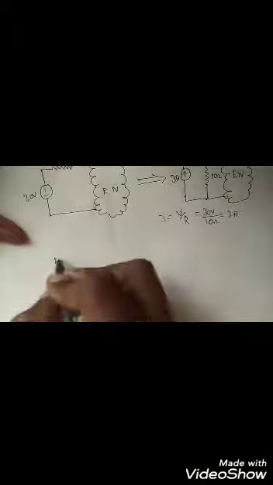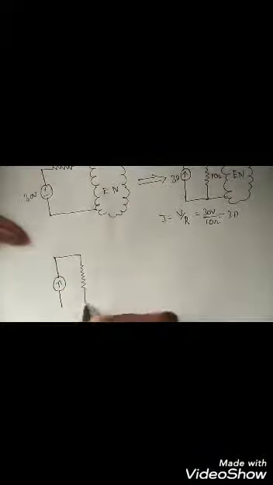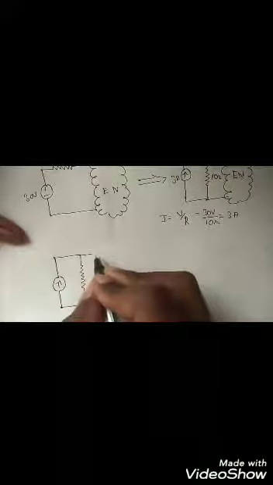So let us take one example. Here we have a current source and the resistor will be in parallel to this current source and it is connected to some electrical network. So let us take this resistor value as 20 ohm and the current value as 5 ampere.